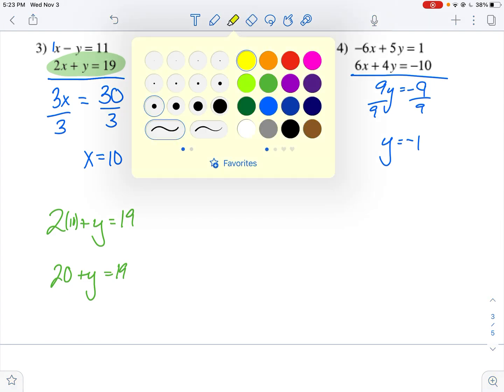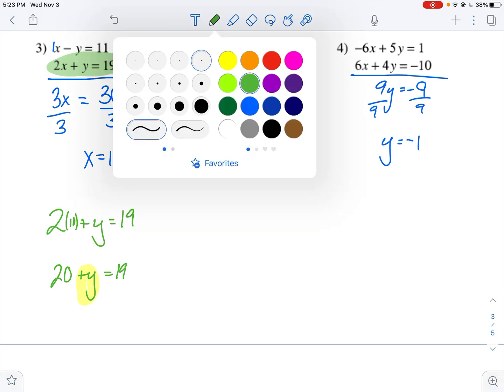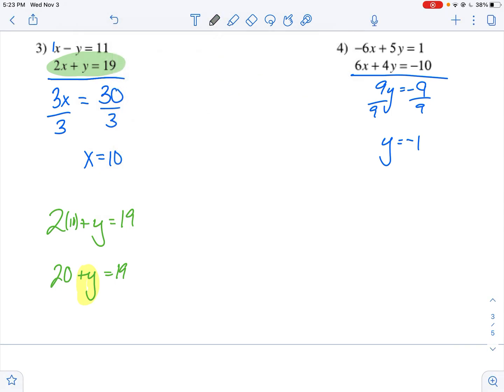And I want to get, here's the tricky part, I want to get the y by itself. So what needs to go away on that left side of the equation? I need to undo 20. So I get y equals 19 positives and 20 negatives. I have more negatives by 1.